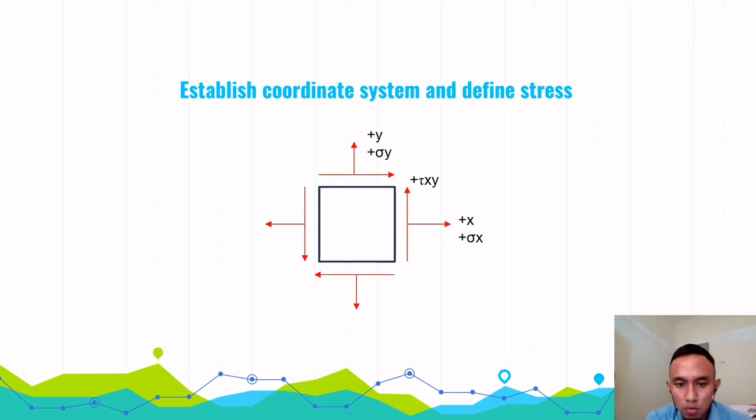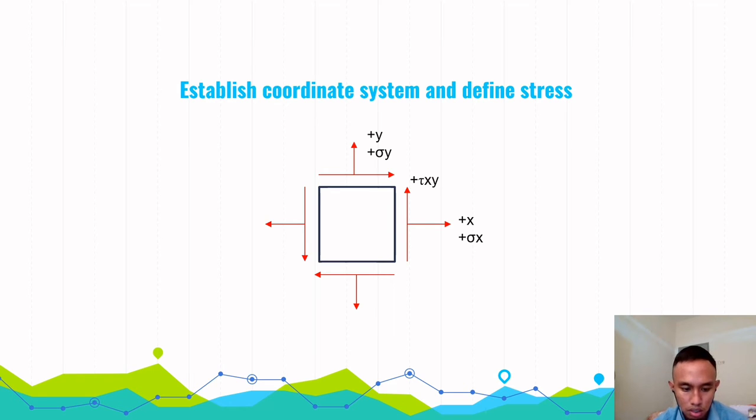The red arrow, the horizontal one, the normal stress here is positive sigma x because it's causing tension on the face at the right one. Meanwhile, the red vertical arrow will be plus sigma y because it's causing tension at the face on the top.